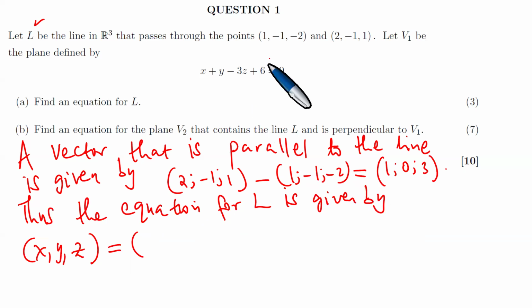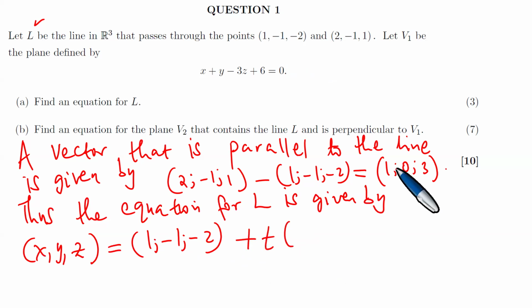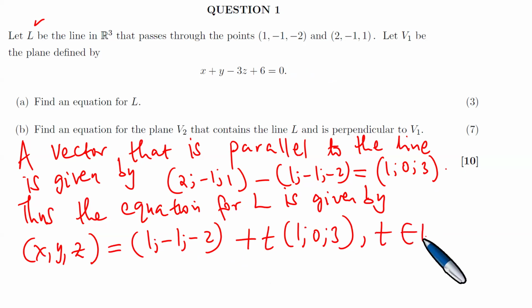Like we said last time, we can take either of these 2 points, since the line passes through both (1, -1, -2) and (2, -1, 1). So (x, y, z) equals (1, -1, -2) plus t times the vector (1, 0, 3), and t itself is an element of the real numbers.